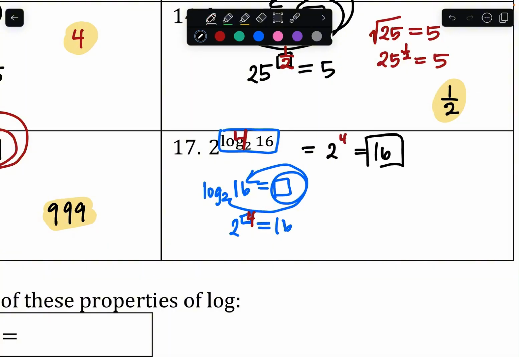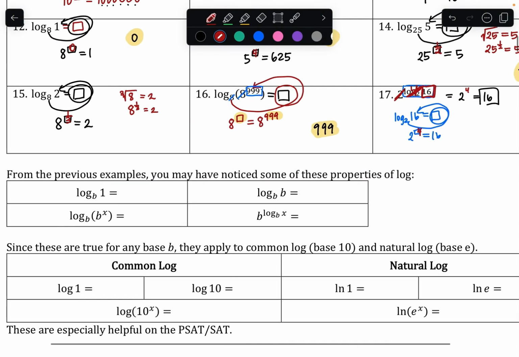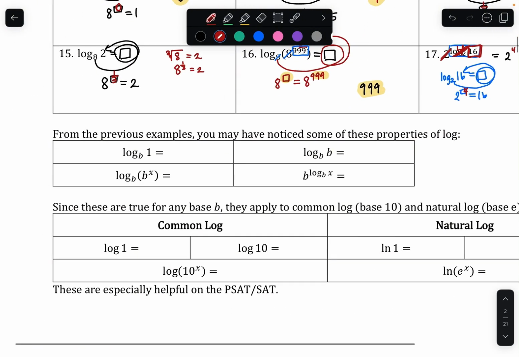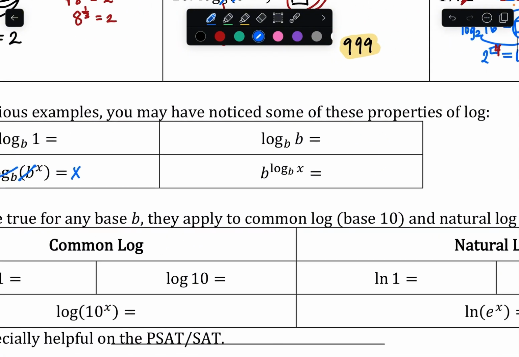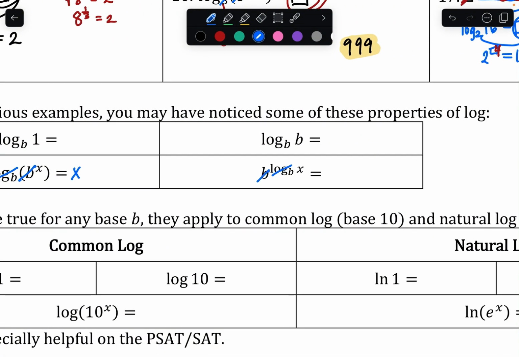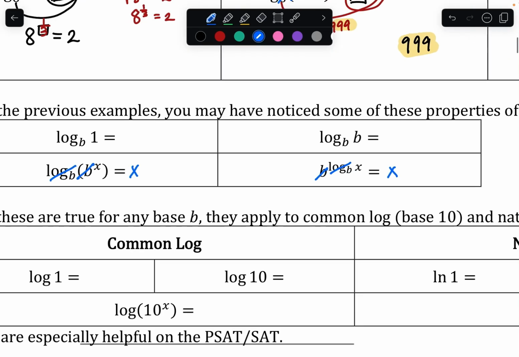You're kind of seeing that property happen here. We have base 2 of the exponential, and log base 2 canceling out, leaving us with that 16. That's called the inverse property. Here I'm going to fill those in first. Log base b of b to the x just gives you x. Exponential base b raised to the log base b of x just cancels out and gives you x.